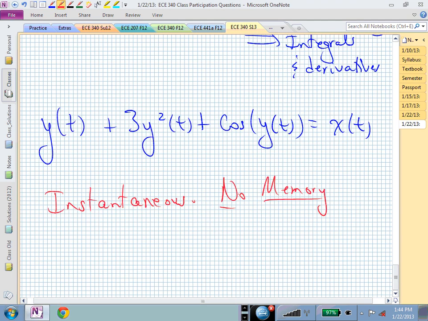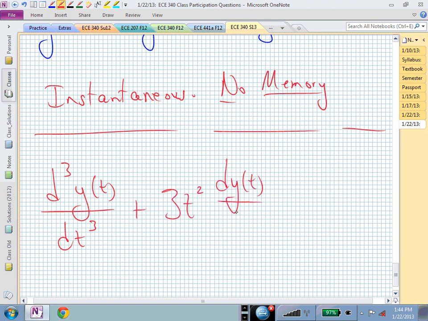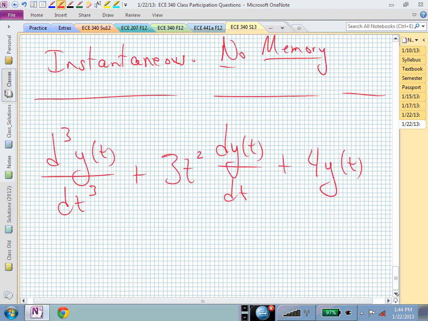Let's see if we can put all of this together, and you can tell me what we have. Now you can just start stringing all of these adjectives together. Suppose that I now have the third derivative of y with respect to t plus 3t squared dy of t dt plus 4y of t is equal to 6 dx dt plus 2x of t.